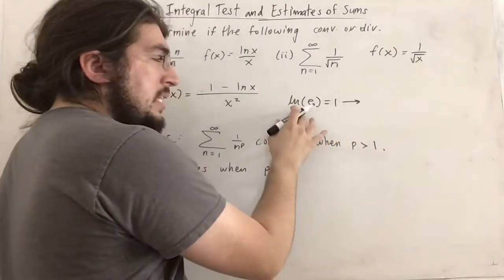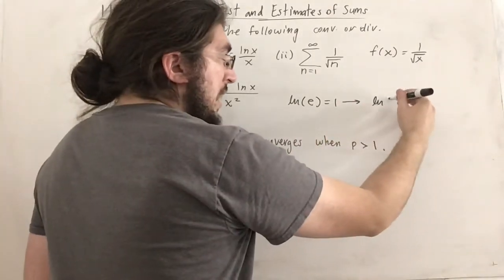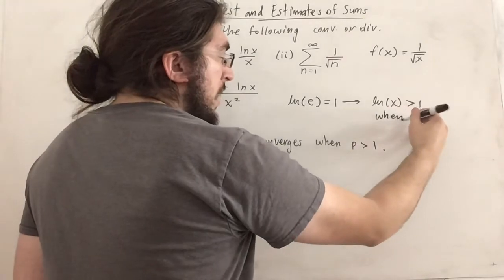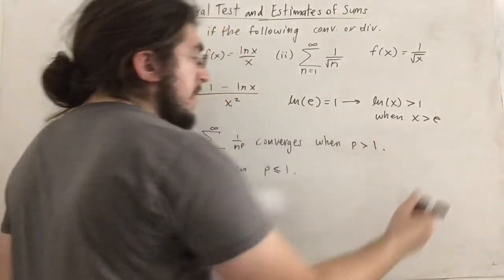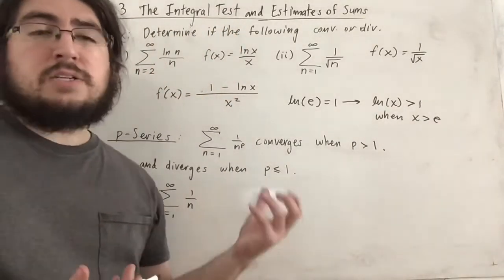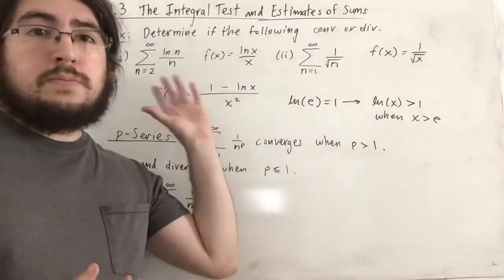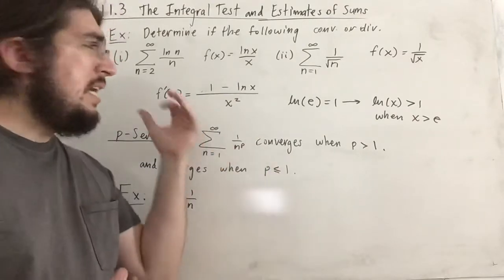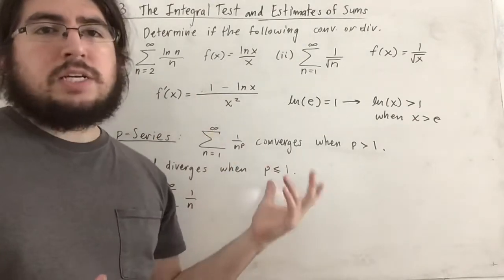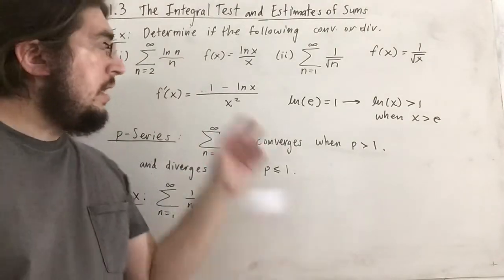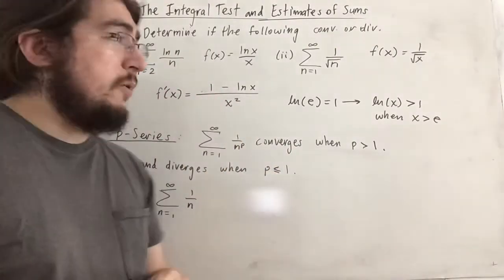And since ln is increasing, what this implies is that ln of x is bigger than 1 only when x is bigger than e. And since 3 is the first integer that's bigger than e, because e is 2.7, then plugging in any number beyond 3 will be decreasing. So this is actually an example of the second note I showed, where it doesn't have to be always decreasing, just decreasing overall. So past x equals 3, it actually is decreasing.